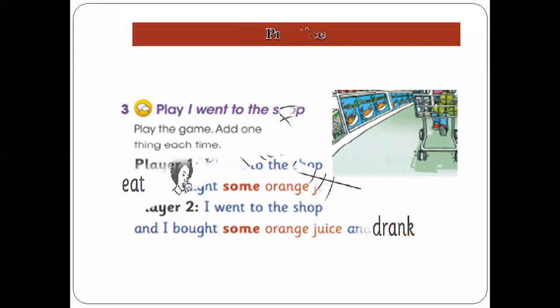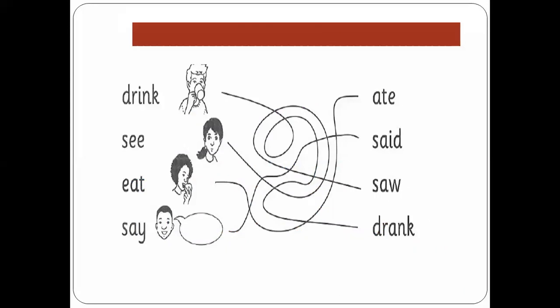Here are some words that we are going to put in simple past using verbs. What are these? Verbs, boys. These are called verbs, and we are going to put these verbs in the past. Drink, drank, see, saw, eat, ate, say, said.